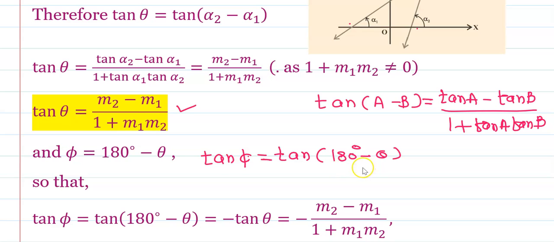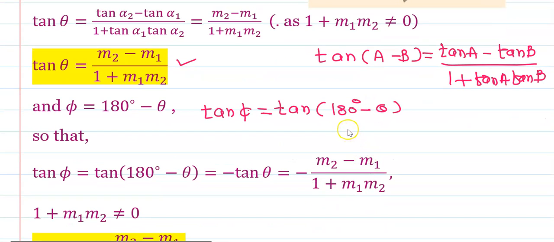Tan of 180 minus theta goes into the second quadrant, and whenever there is a pi angle, the function remains as it is, and you will have minus tan theta, since it is in the second quadrant. Okay. Therefore tan phi equals minus tan theta. But we know the value of tan theta, that is m2 minus m1 upon 1 plus m1 into m2.